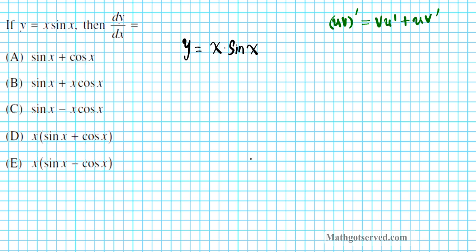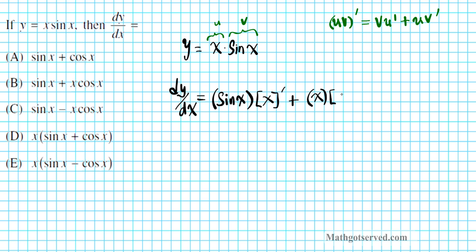All right. So let's see. This is our u, and this is our v. Okay. So let's find the derivative dy/dx. It is v, which is sine x, times u prime, the derivative of x, so that's vu' plus u, which is x, times v prime, the derivative of sine x.